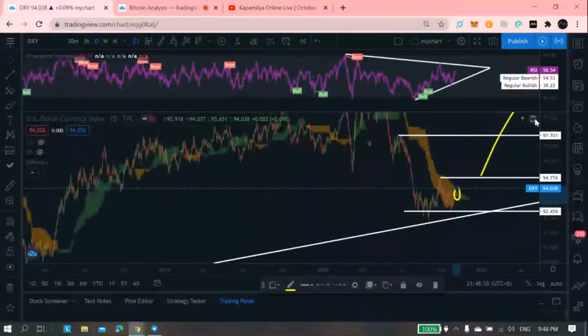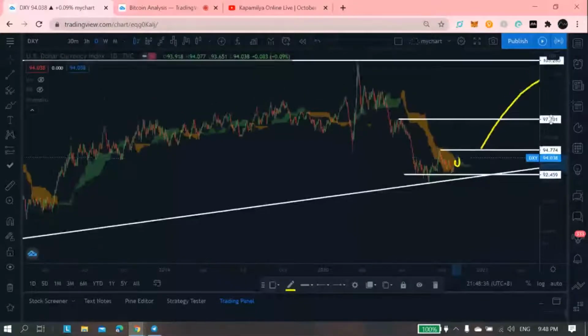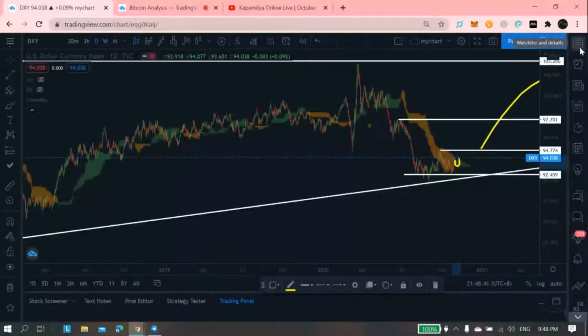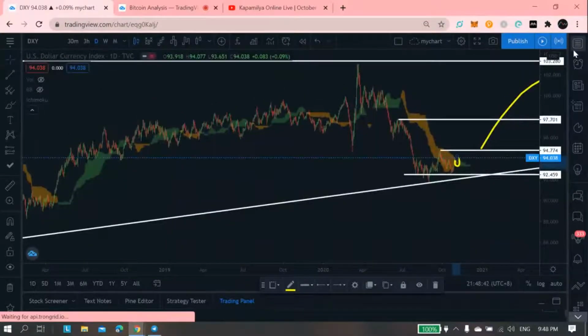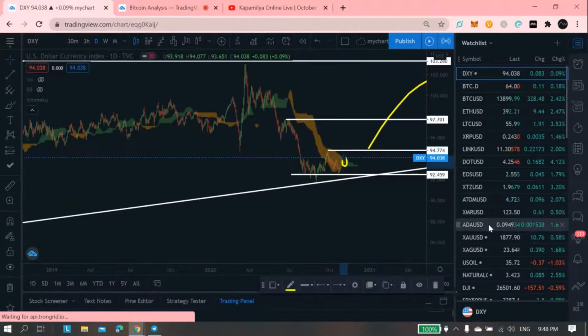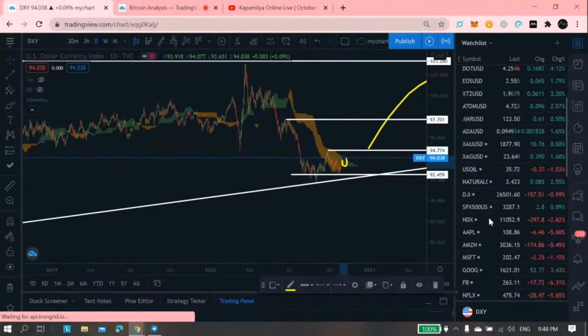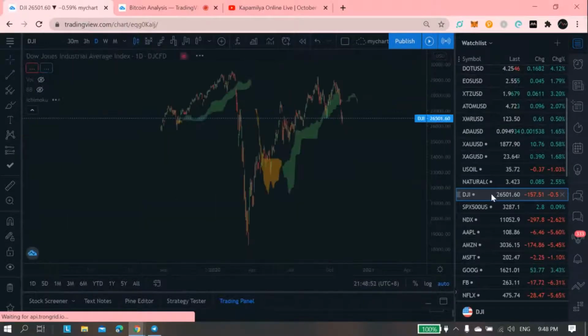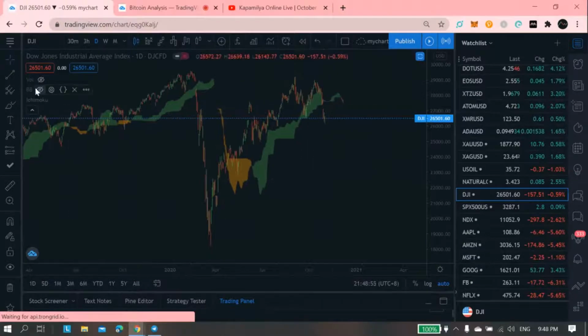After the US election, I analyzed a bit of the Dow Jones, and it's actually bullish and could possibly have a return of around 6%. Let's hide this one.